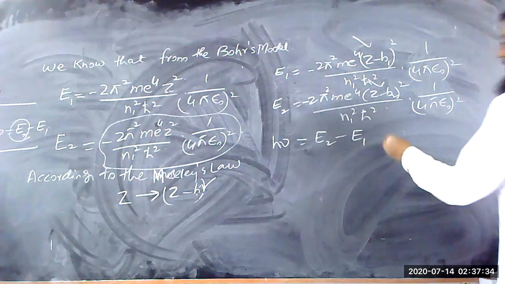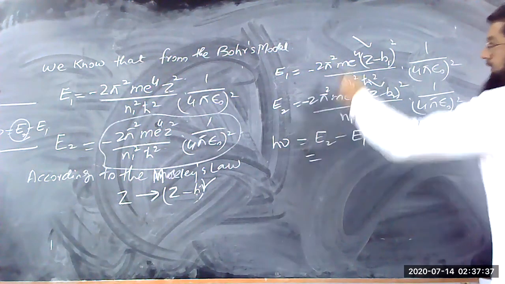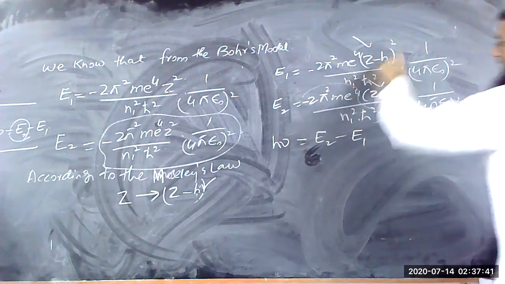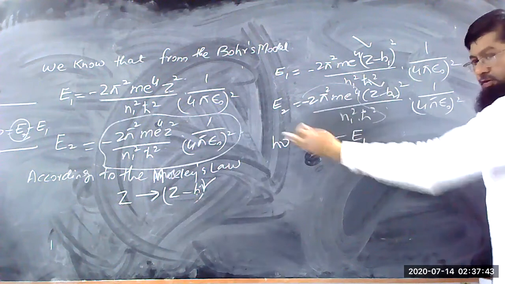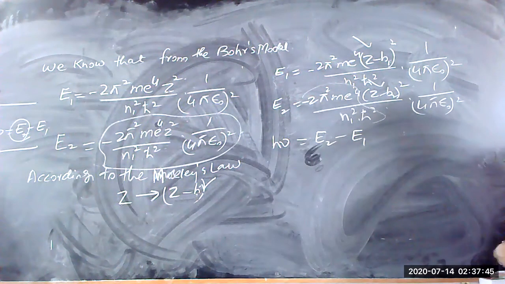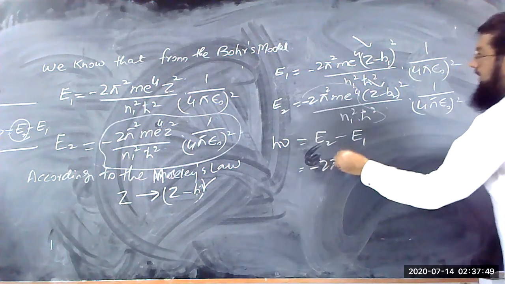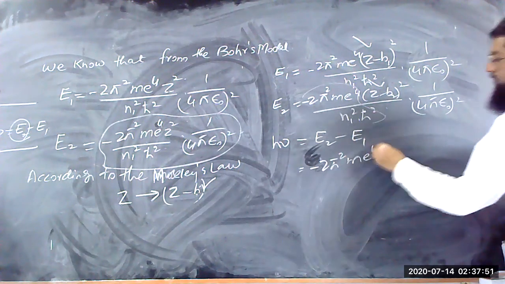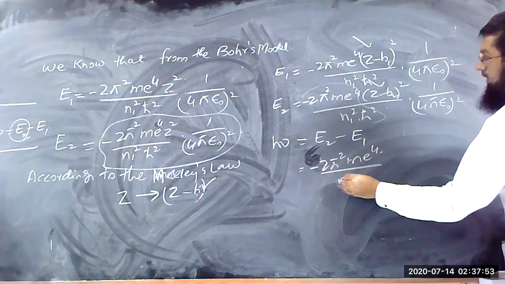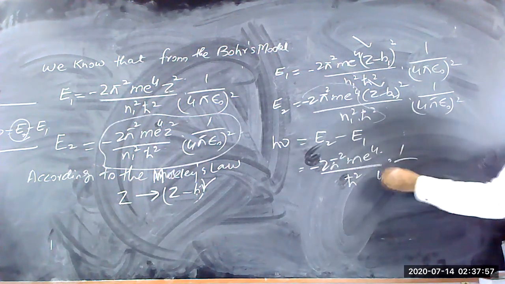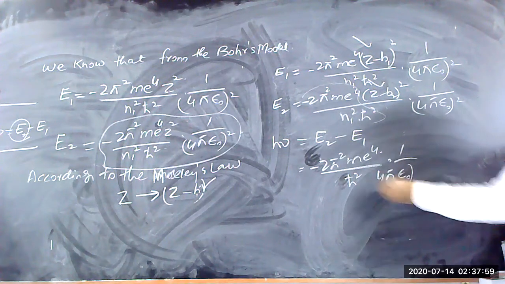So if we substitute these values, this whole thing is the constant, so the constant can be taken out from both terms. So this is equal to minus 2 pi square m e raised to power 4 upon h cut square into 1 upon 4 pi epsilon naught whole square.